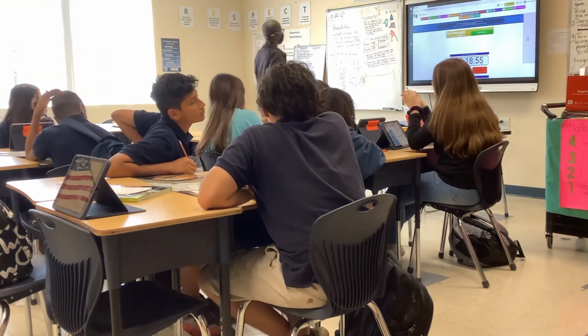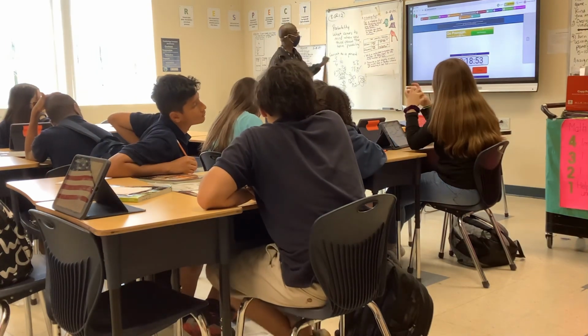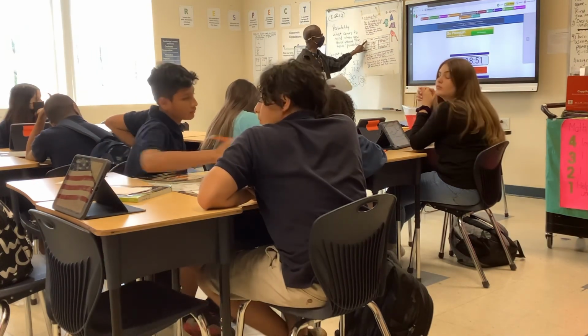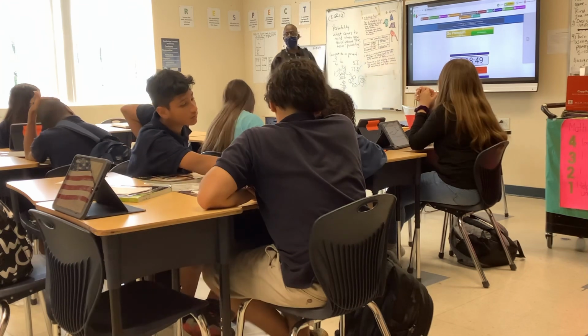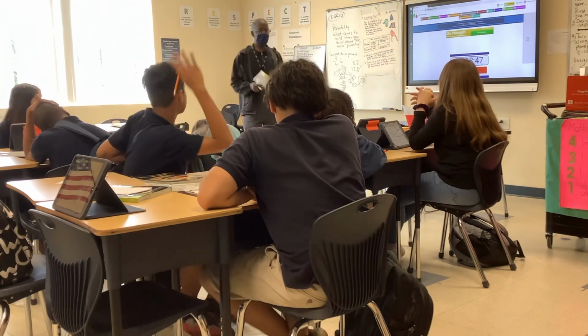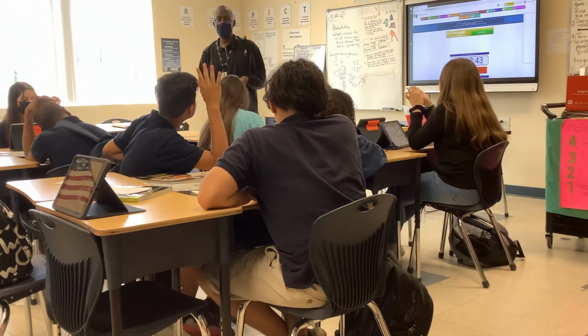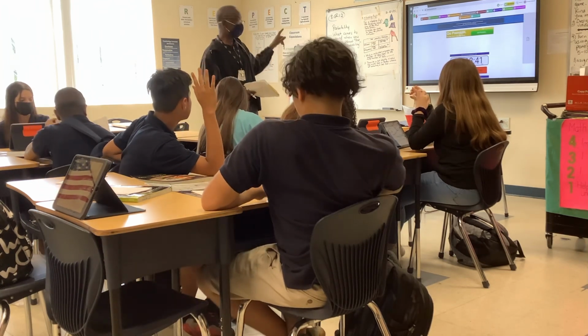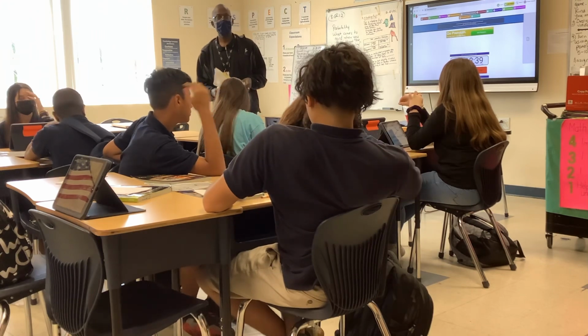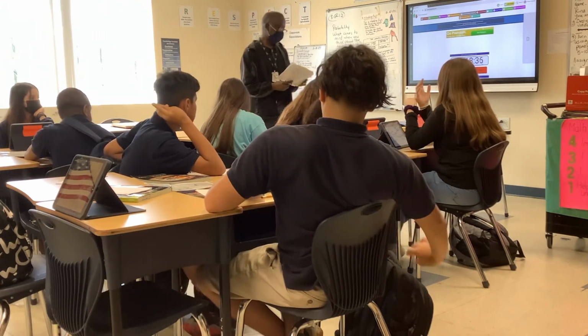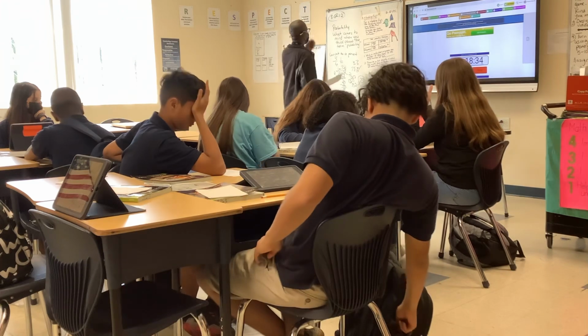So from this chart that we are working with, and this you're doing in your math journal, were you able to write the problem down already? This problem in your journal? All right, so let us examine.